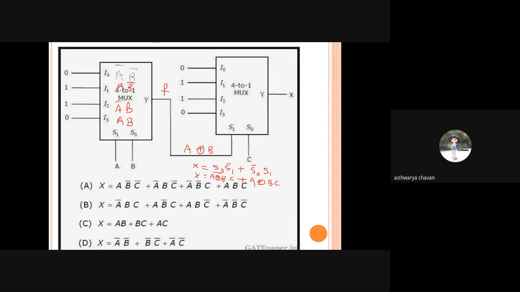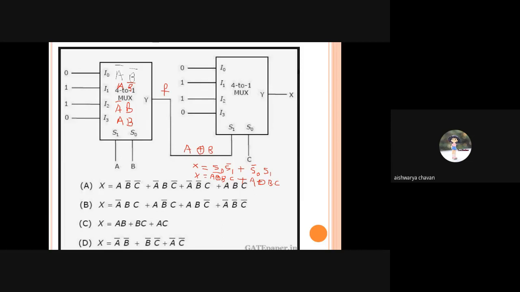As input I0 is 0 and I3 is 0, you will get only these two inputs at the output. So the expression is A bar B into 1 plus A B bar into 1. That is nothing but the equation for the XOR gate. So the function f equals A XOR B.